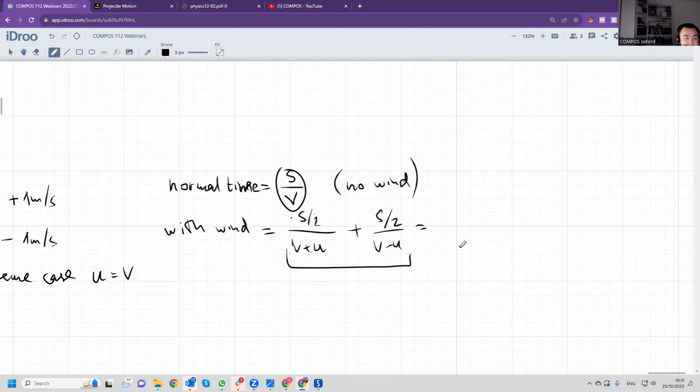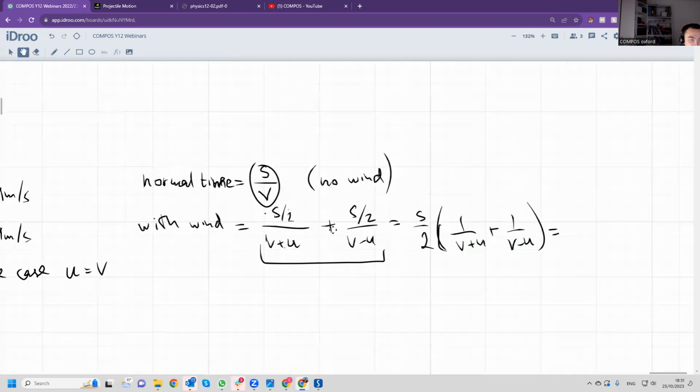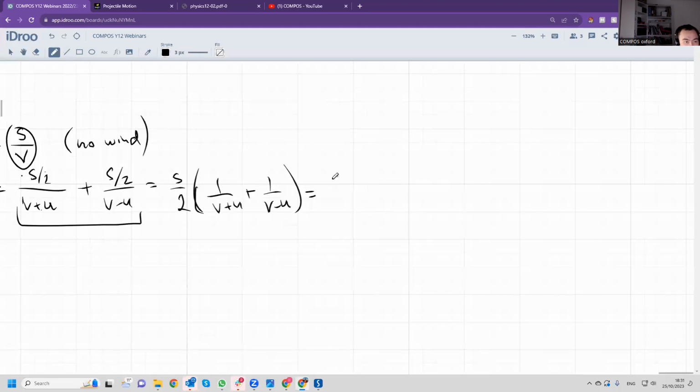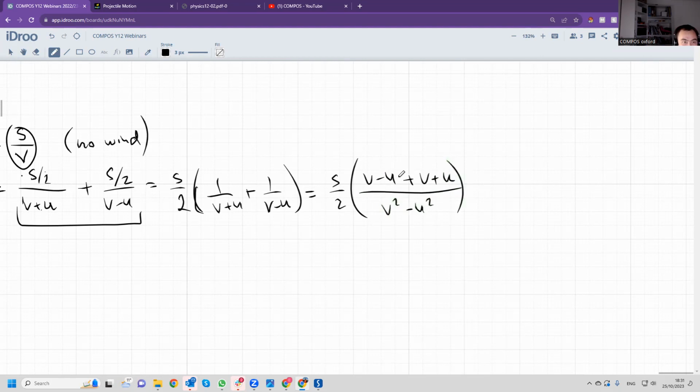And let's simplify that. I haven't done this before. So S over 2, and you have 1 over V plus U plus 1 over V minus U. Find the common denominator. So S over 2 times V minus U plus V plus U divided by V squared minus U squared.